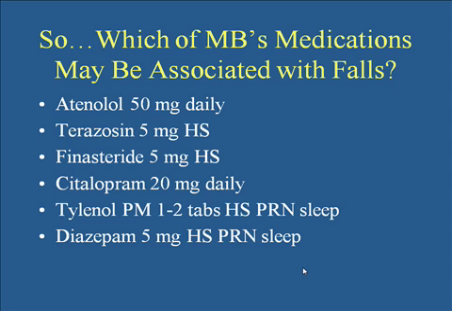Tylenol PM and diazepam, we could get rid of those, realizing that if the person's been on diazepam for a long period of time, and if they're using it every night, we wouldn't want to stop it cold turkey. But we could certainly try a safer sleep strategy, such as sleep hygiene, and maybe even trying some melatonin, something like that, to break that sedative hypnotic habit.